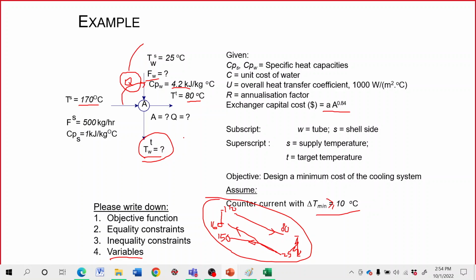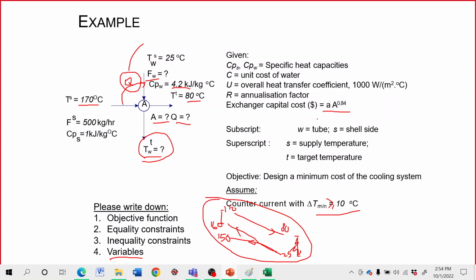The easiest way to see it is that anything that has question marks, like A, is a variable that we don't know. Q is also a variable which we can calculate, but it's unknown at this point in time.